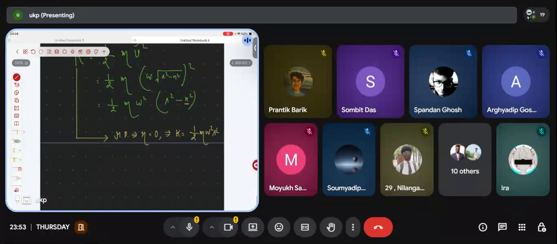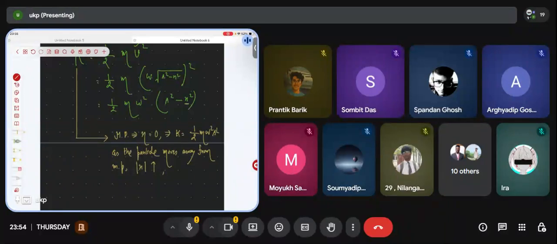No big deal. But as the particle moves away from the mean position, either towards right or towards left, can I say the mod of x will increase? Sir, why are you saying mod of x? Because it can move towards the right side of x equal to 0, it can also move towards the left side.